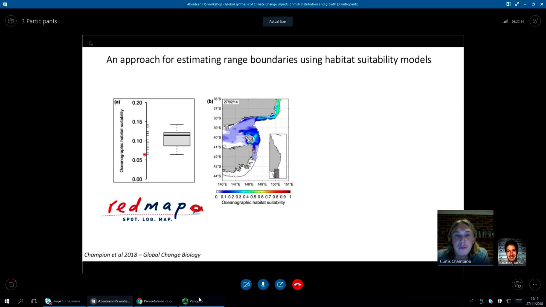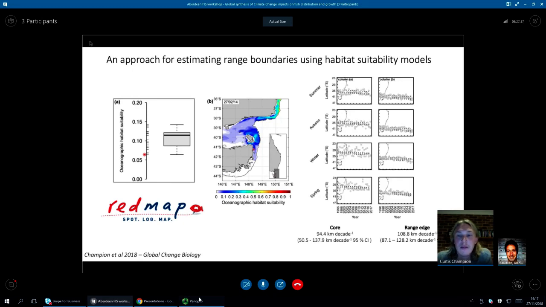Of course there are some limitations to this, but it is a neat little way at least to get some grasp on what value might constitute a species range boundary using a habitat suitability model and a small independent data set of records that are likely to have come from the range boundary.